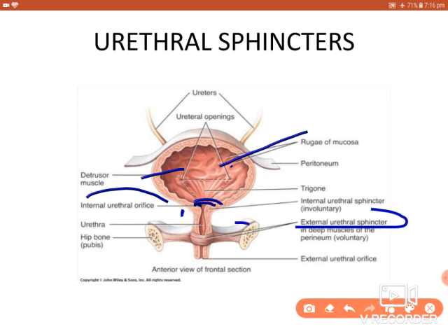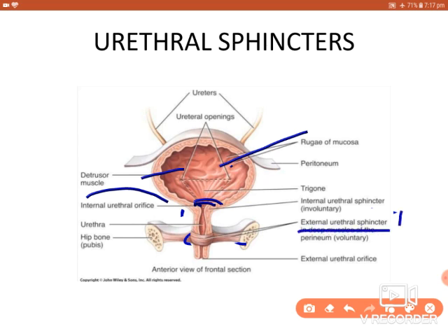On each side of the ischiopubic ramus, these muscles interdigitate with each other in the middle and form the external urethral sphincter. It's voluntary, and its nerve supply is through the somatic nerves. So it can hold the urine; there is voluntary control over urine. Okay, so that's about the external urethral sphincter.